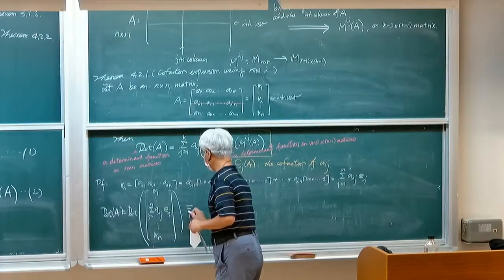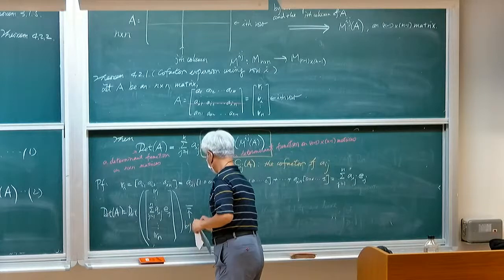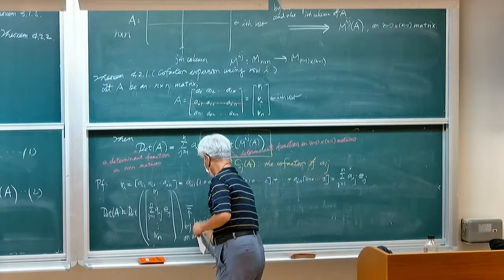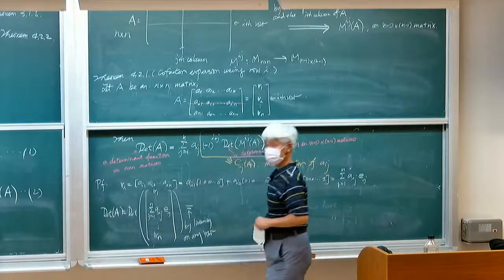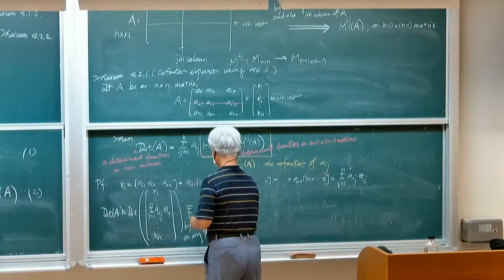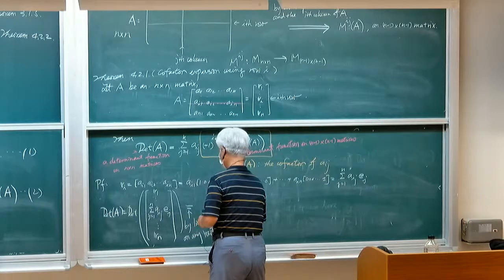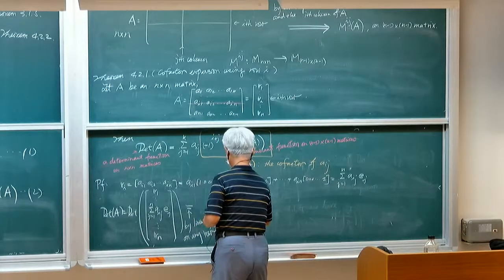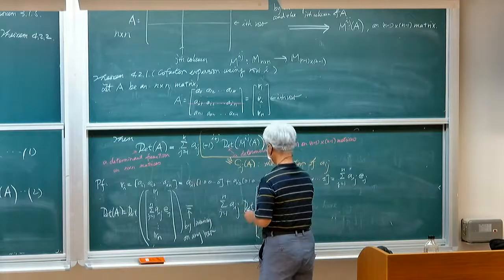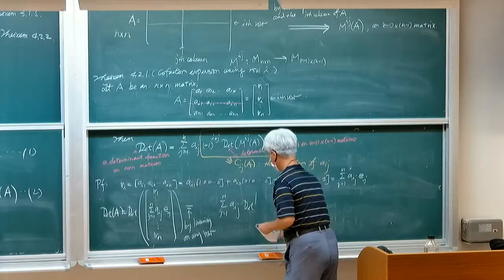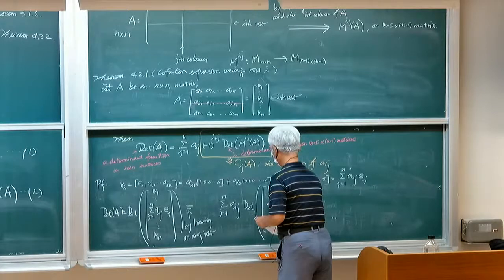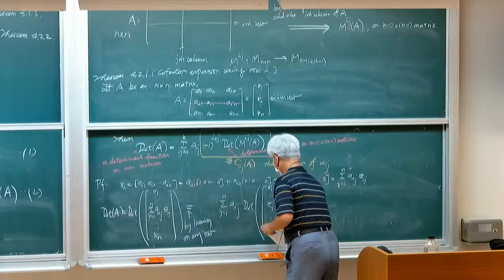Okay, so by linearity on any row, this becomes the summation j from 1 to n of Aij times the determinant of R1, Ej, Rn.